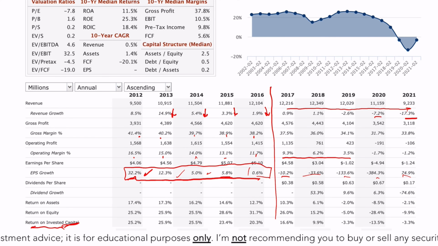The red flag with this number, though, is that you have decaying returns on capital from 2013 every single year down to 20% in 2016. So anytime you see a decaying return on capital number consistently over time, that's definitely a bit of a red flag. It's okay if it jumps up and down from year to year, but you shouldn't see a trend over multiple years.